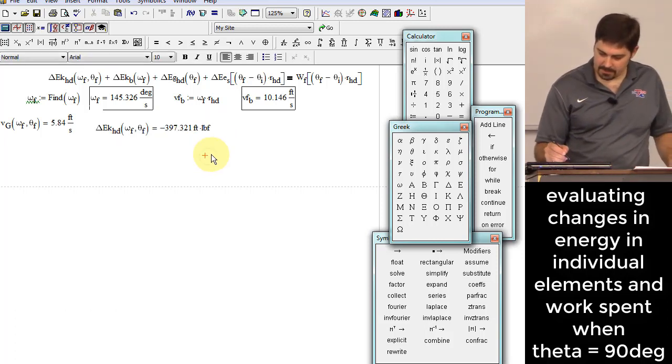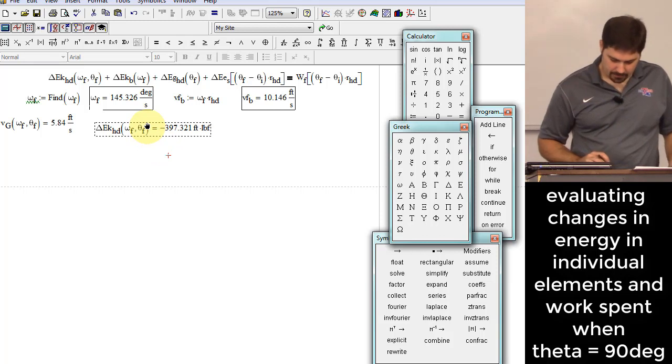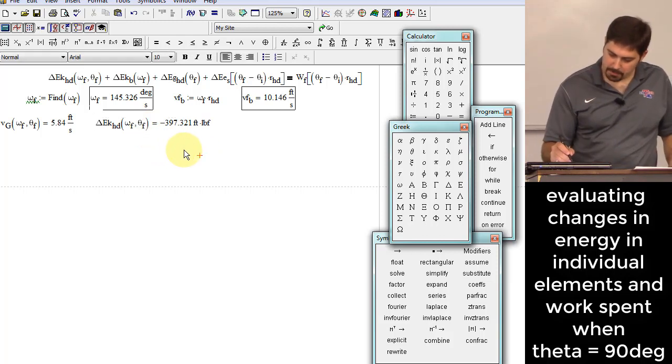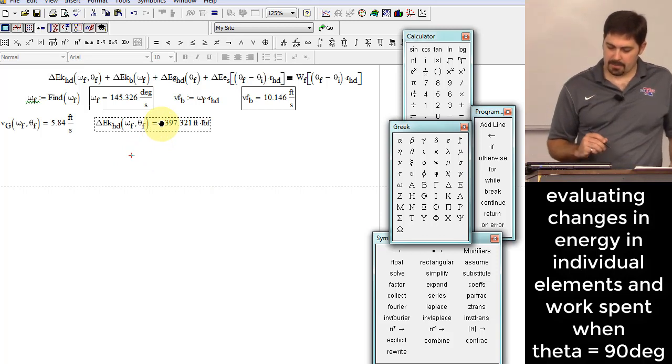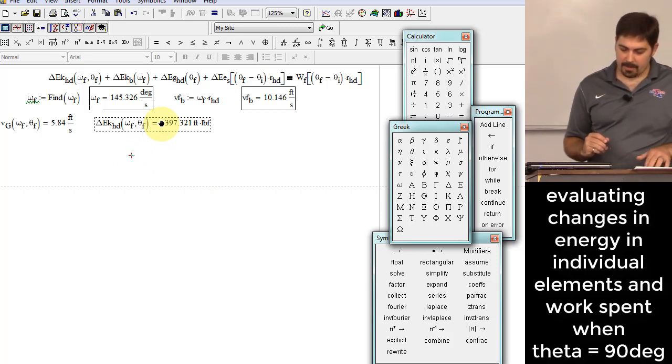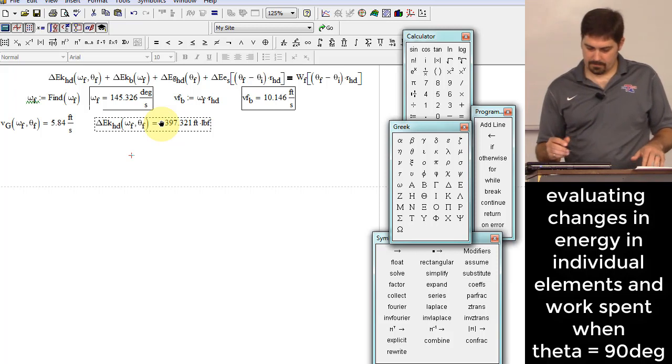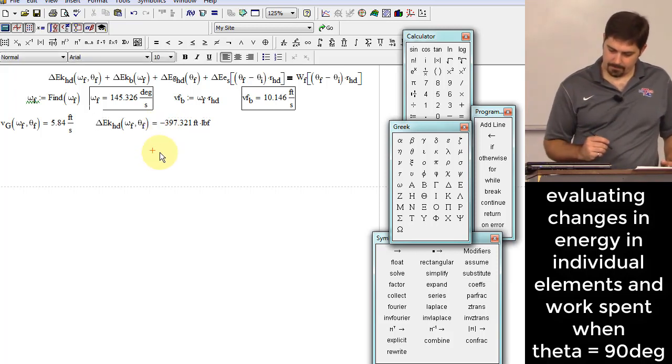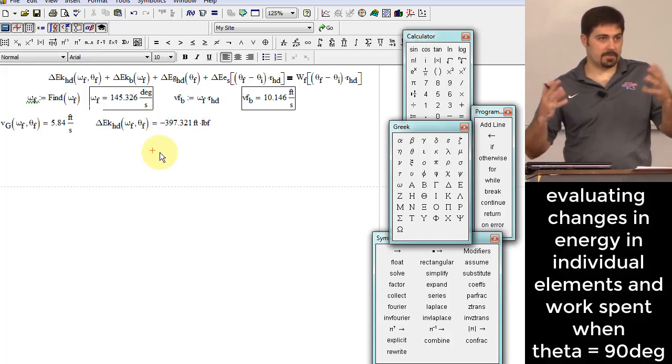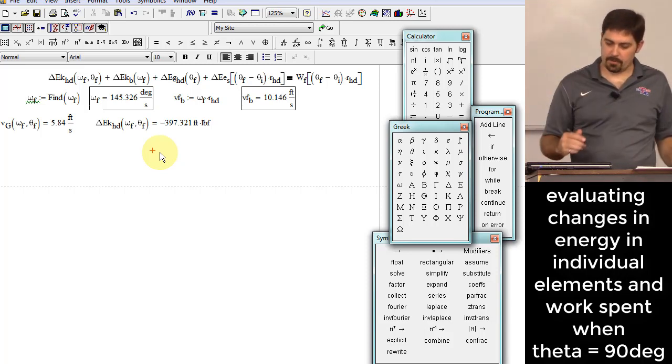Does that make sense? So in other words, from our starting point to this point, does it make sense that I should have a negative change in kinetic energy for my half disk? Yeah, it's slowing down, right? So there's less kinetic energy as it moves, all right?